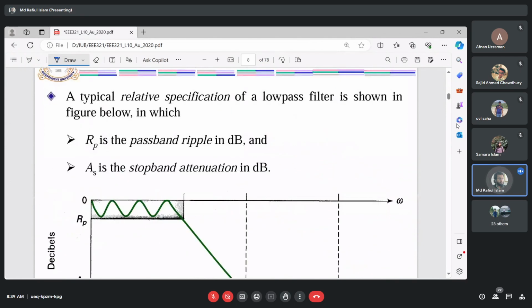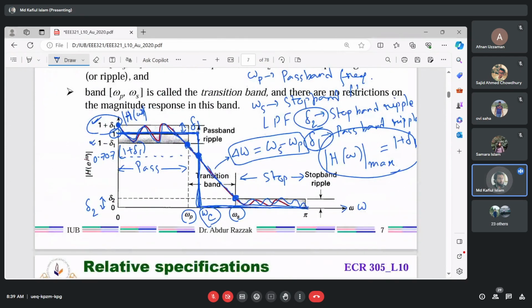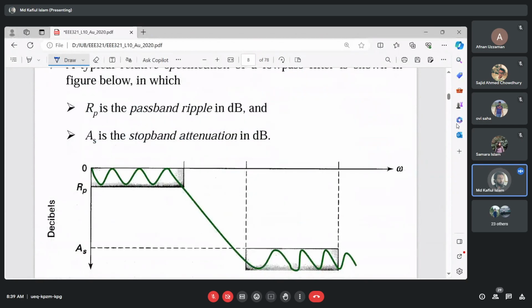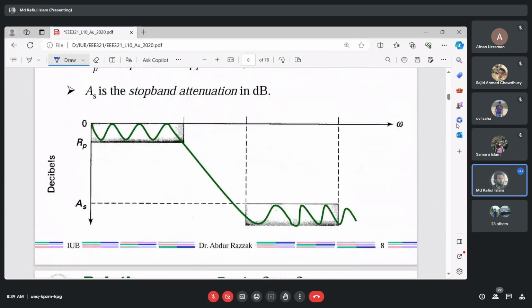So when you plot the same graph, which is now plotted in the absolute specification domain, in the relative specification in the log domain, this is how it looks. Why? The idea is that when you take, for example, 20 log10 of 1, because the maximum gain typically for an ideal response is 1, right?